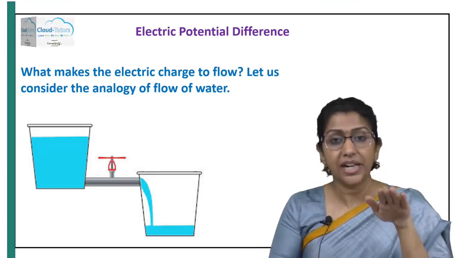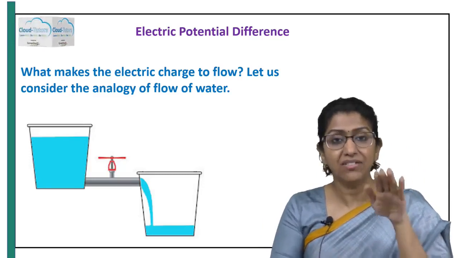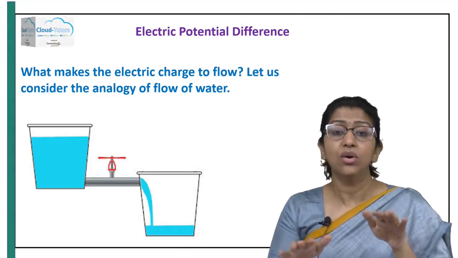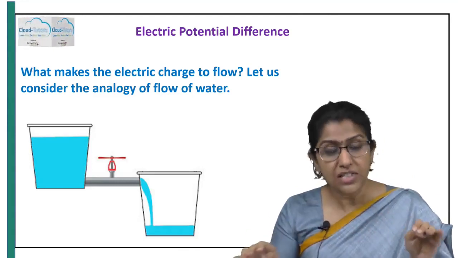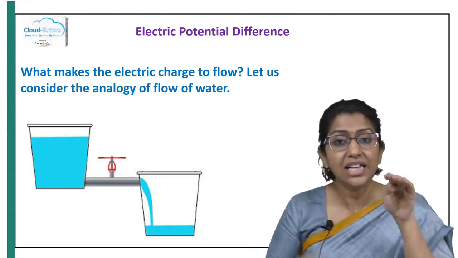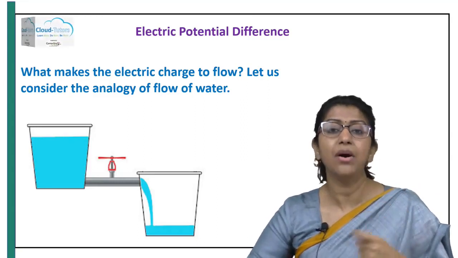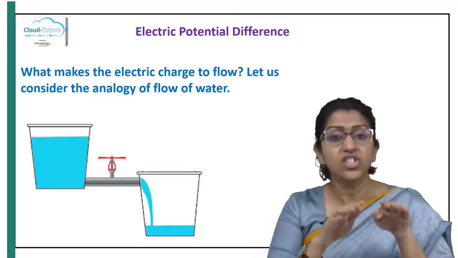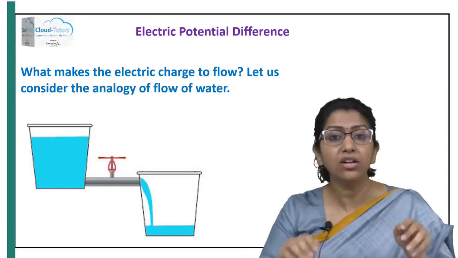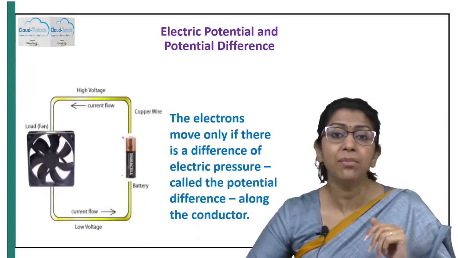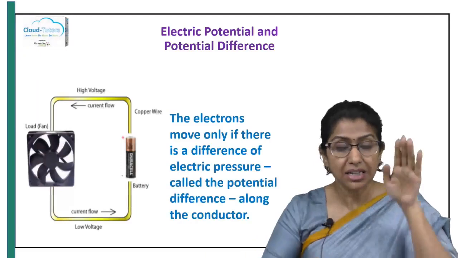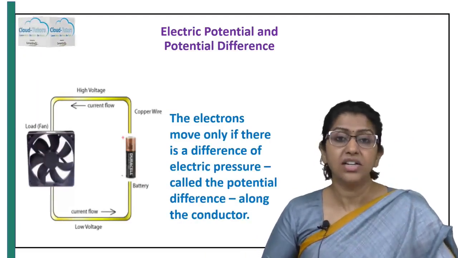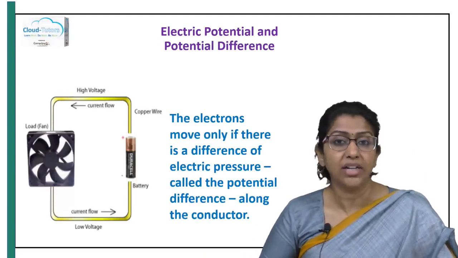Here there is a difference in level between the water buckets that you see on the screen. So in order to make the electric charges flow, we need to create an electric pressure difference, and this work that needs to be done on a charge to go from a higher to a lower level is called the potential difference, or in general, voltage.